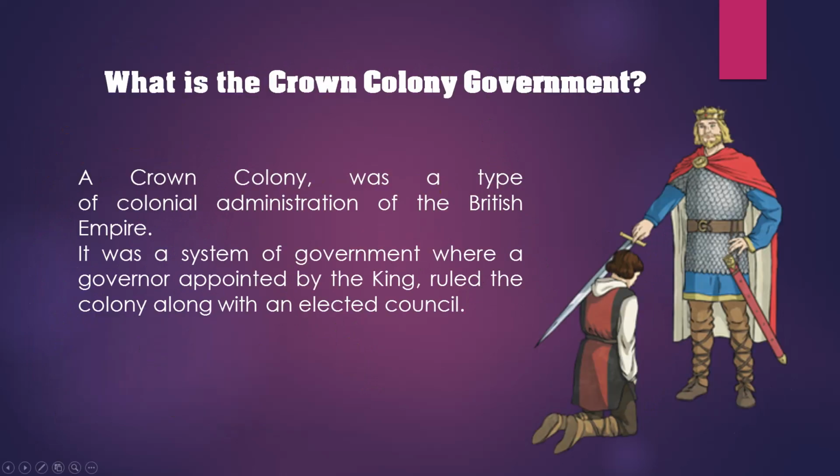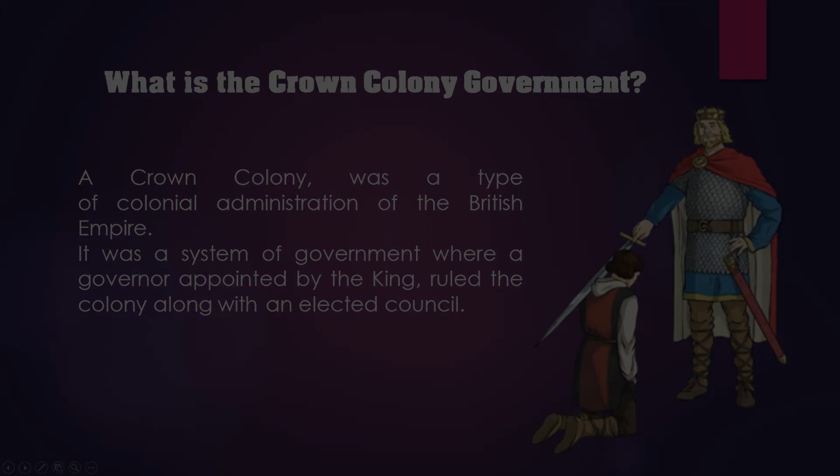What is a Crown Colony Government? A Crown Colony was a type of colonial administration of the British Empire. It was a system of government where a governor appointed by the king ruled the colony along with an elected council.